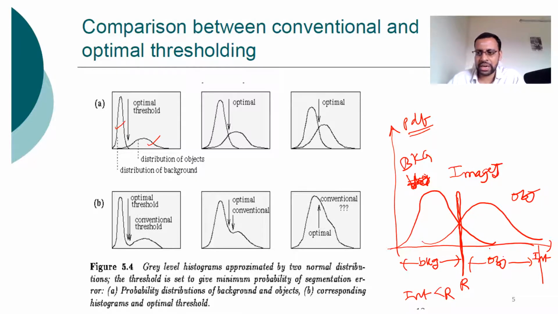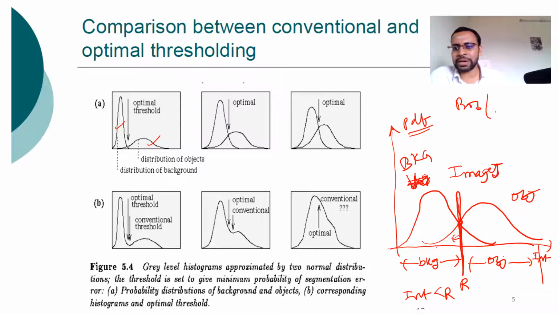Pay attention here, and if my explanation is not clear, do raise a question. When I took this intersection point, consider the probability of a pixel belonging to an object but assigned to the background.